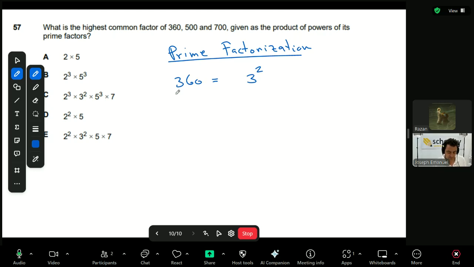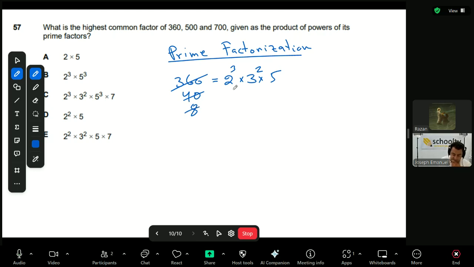Divide by 9, 36 by 9 is 4, so you have 40. 40 you have 2 cubed. It can also be divided by 5. Take out a 5, and you have 8, which is 2 cubed. That's it, this is 360.